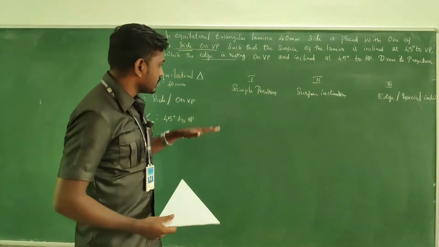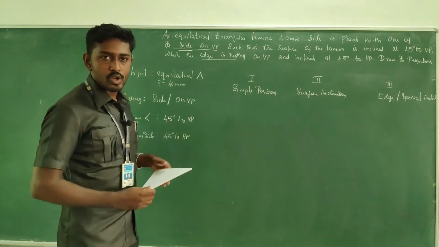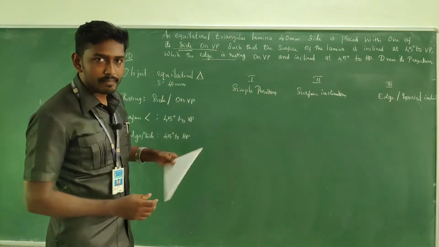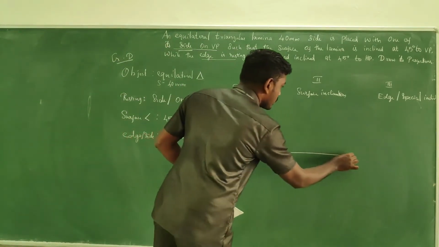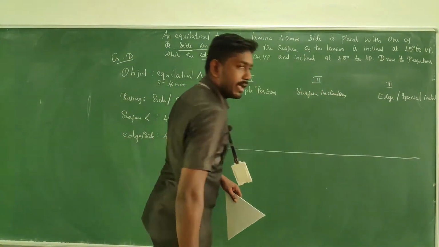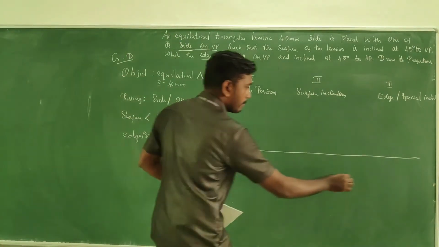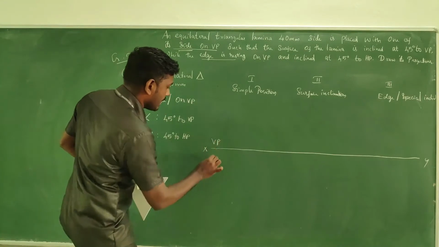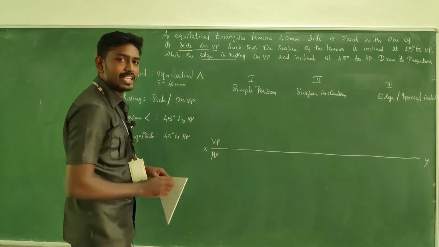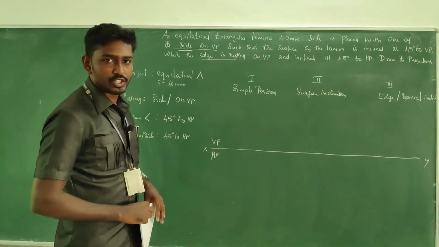Okay, so we can start our work. In order to start with the simple position, first we have to be ready with the reference line XY. Above the reference line is VP and below the reference line is HP as per the first angle projection.